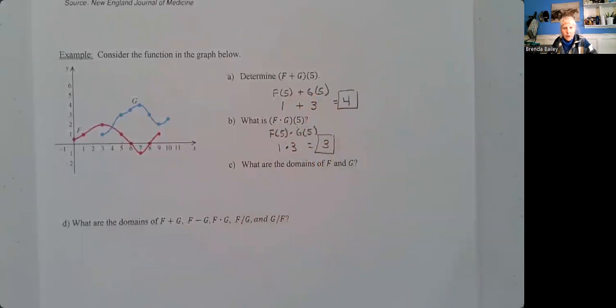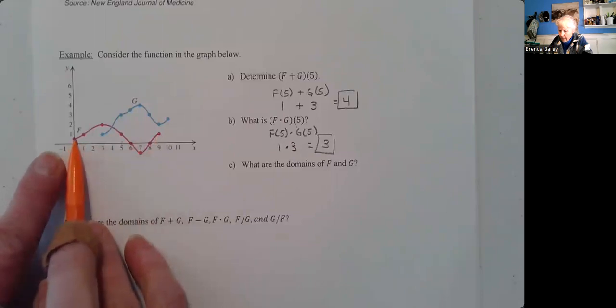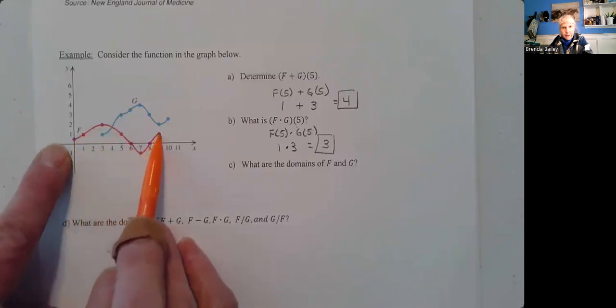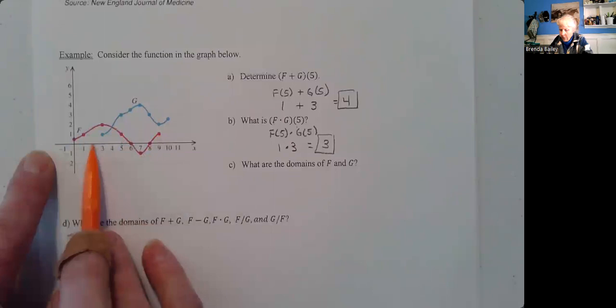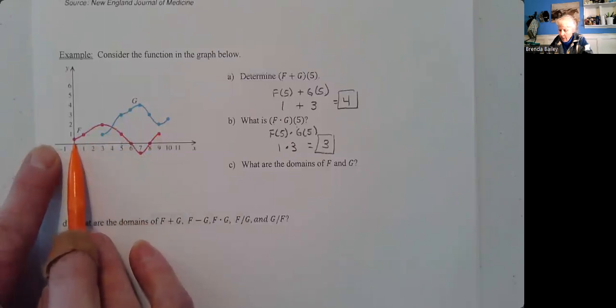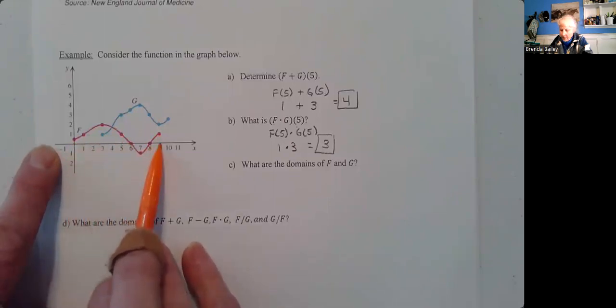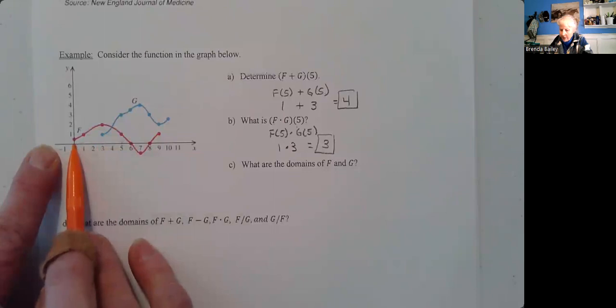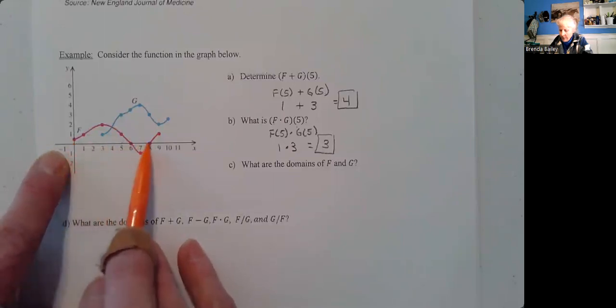So now we're going to look at the domains of F and G. Well, let's look at the domain of F. The domain of F goes from 0 to 9, not 1 to 9, I'm sorry. So your domain starts here. It's got a point, doesn't have an arrow. So it goes from 0 to 9.